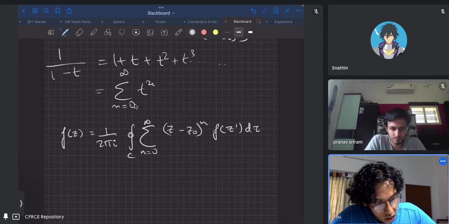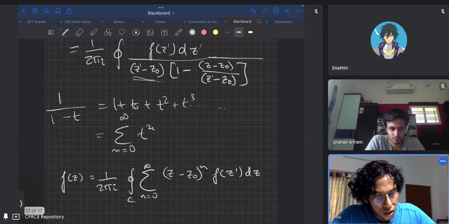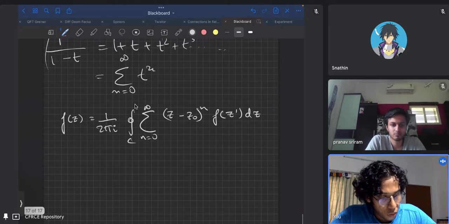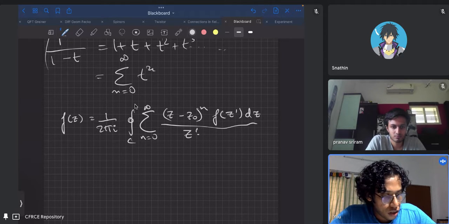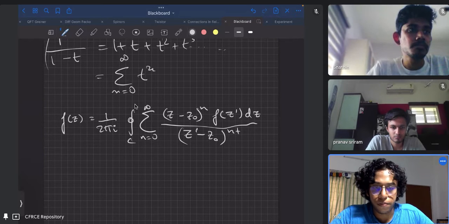Essentially we are just expanding this whole term using this identity that we have here, and we are writing it down by z prime minus z naught to the power of n plus 1.